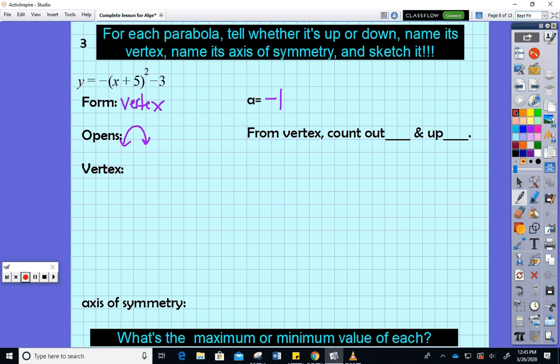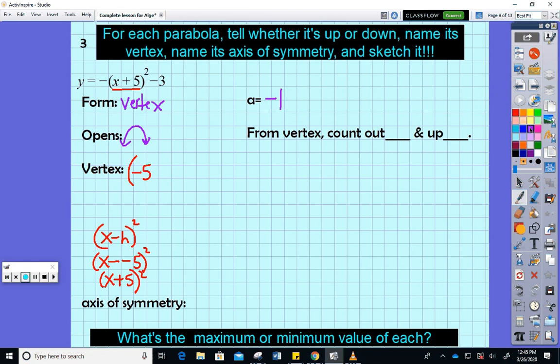So remember, the x plus 5 part tells me that it would be -5. And if you're like, yeah, but it's supposed to be x minus h squared, remember, x minus a -5 squared is x plus 5 squared. So that's how I know. What you basically do, if it's x plus 5, the vertex is negative. If it's x minus 5, the vertex is positive, the x part.